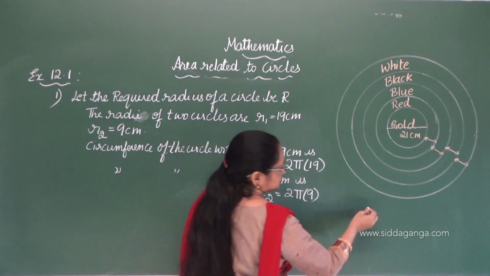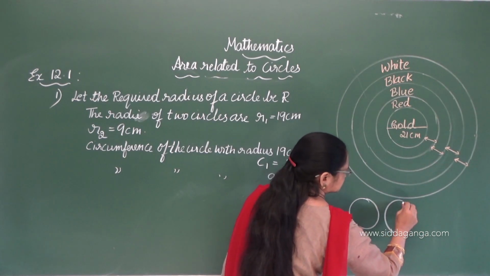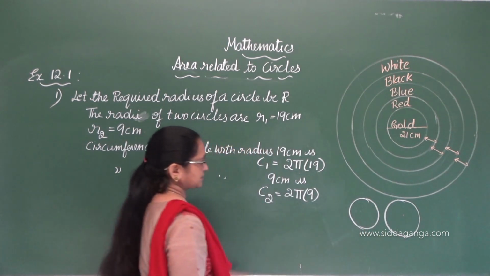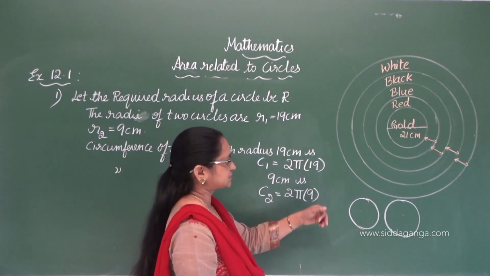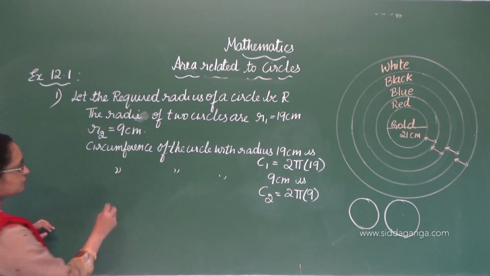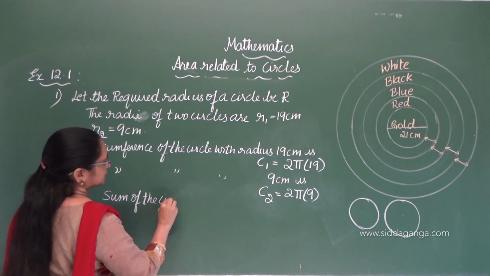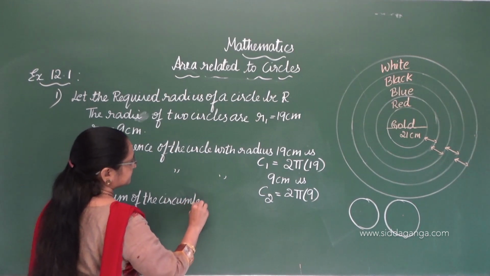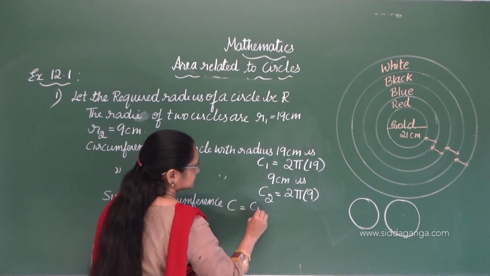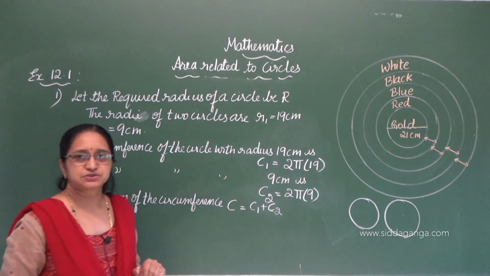I hope you understood. See, two circles are there. One has 19 centimeter radius, which is bigger, and the other 9 centimeter. So the circumferences are C1 and C2. Now the sum of the circumferences is C1 plus C2, correct?